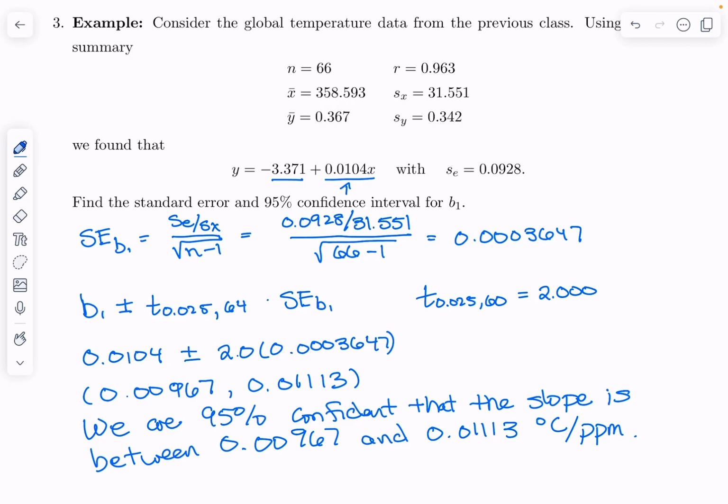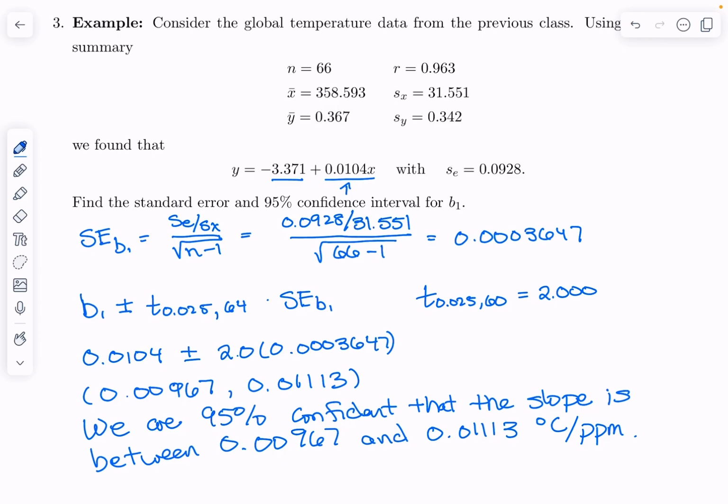So we now have a confidence interval, and what that confidence interval shows is that the slope is definitely positive, that there's an increasing trend of global temperature based on CO2 in parts per million.